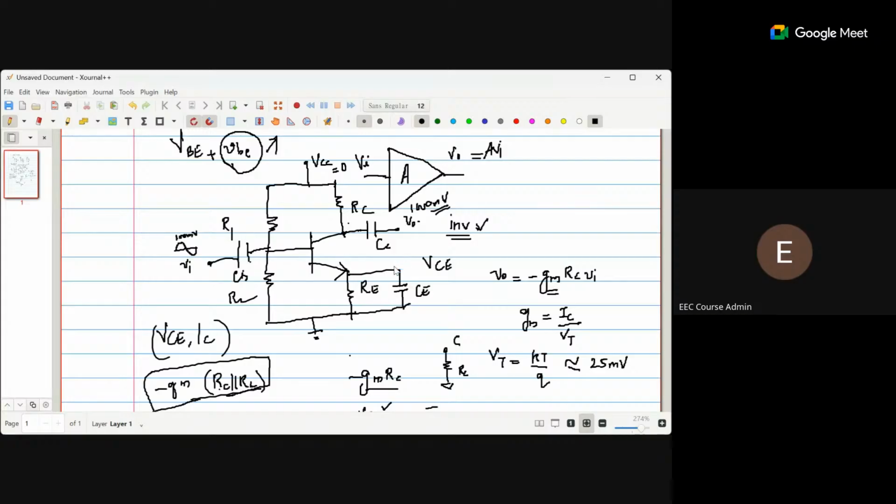Later in your higher term, when you learn about the instrumentation amplifier, you will understand that the fundamental circuit inside that instrumentation amplifier is a differential amplifier. The operational amplifier, etc., also is a differential amplifier inside.